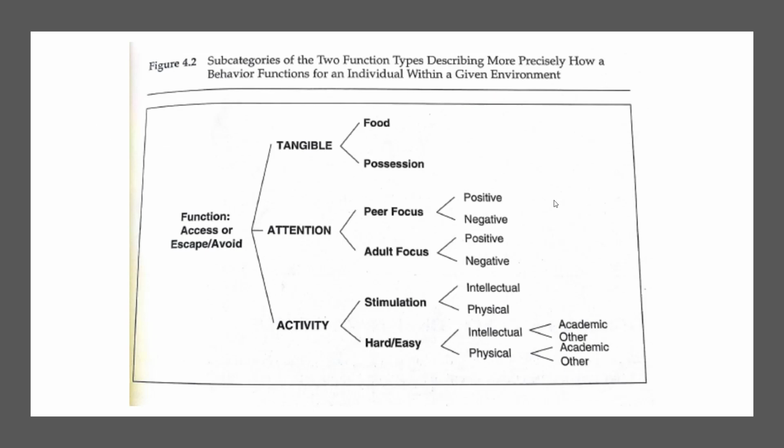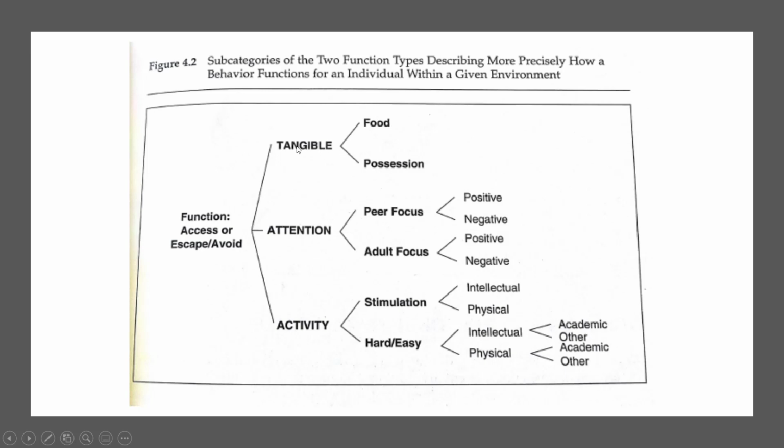And remember from our considering behavior video, we have basically two function types, and then your book divides them into three different subcategories. Kids engage in behaviors typically to get access to something that they want or avoid something that they don't want. With the tangible, they can engage in the behavior to get access to food or an iPad or a computer, some type of possession that they want.